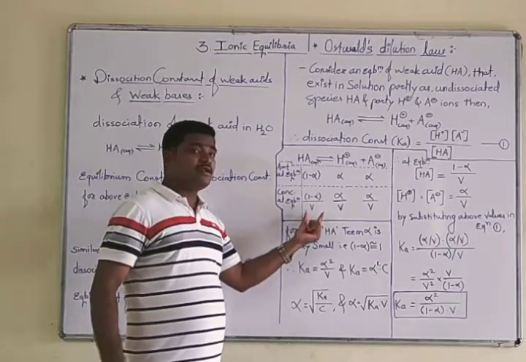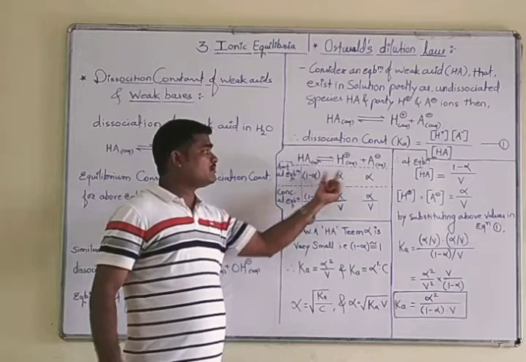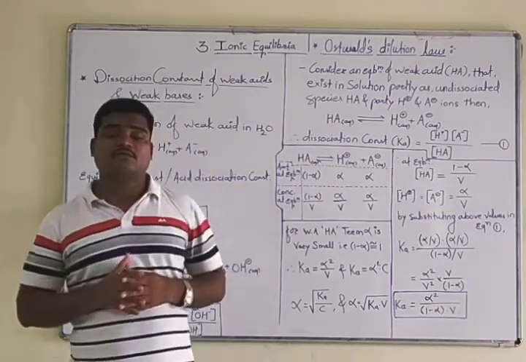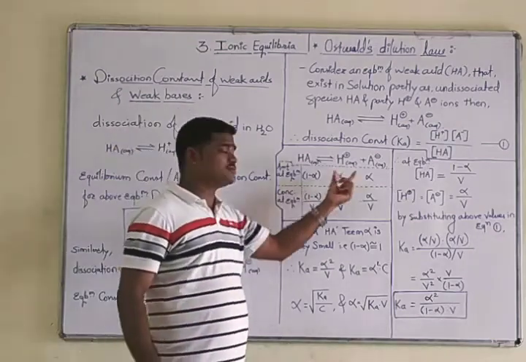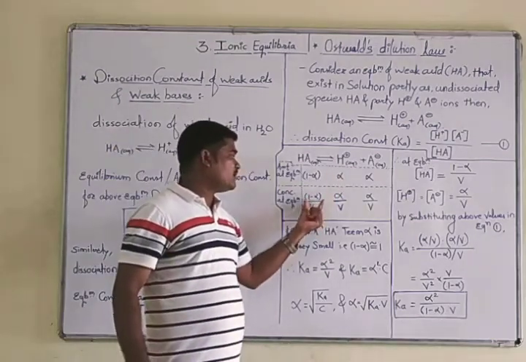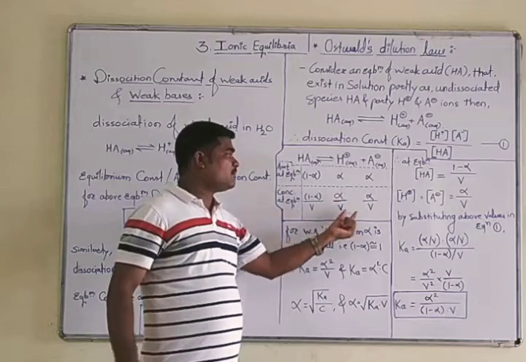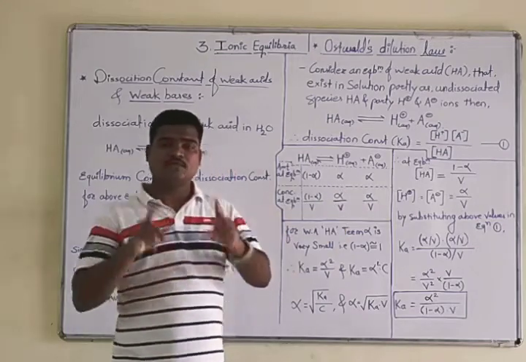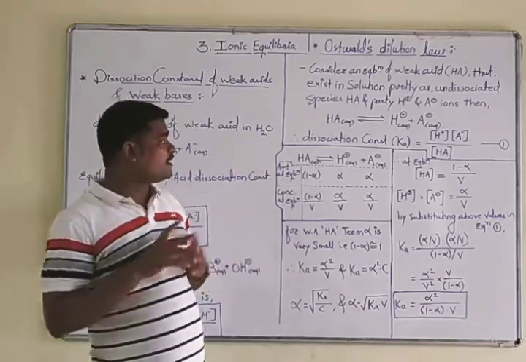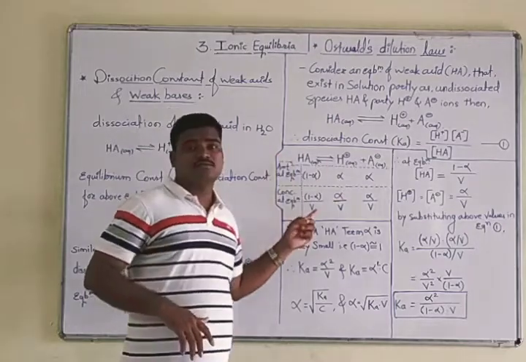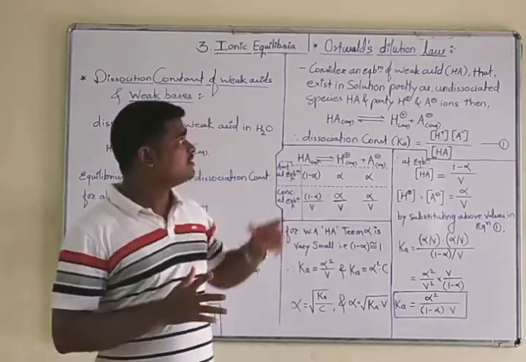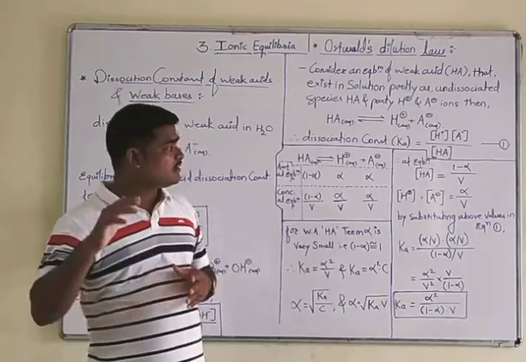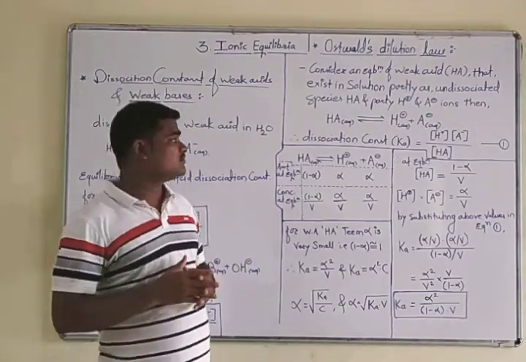So I divided by the term V throughout the fraction values. What I get is 1 minus alpha divided by V, alpha upon V, alpha upon V. Once you are able to understand this table, then you can determine the value of alpha in this Ostwald dilution law. Now we will look forward to the next step.